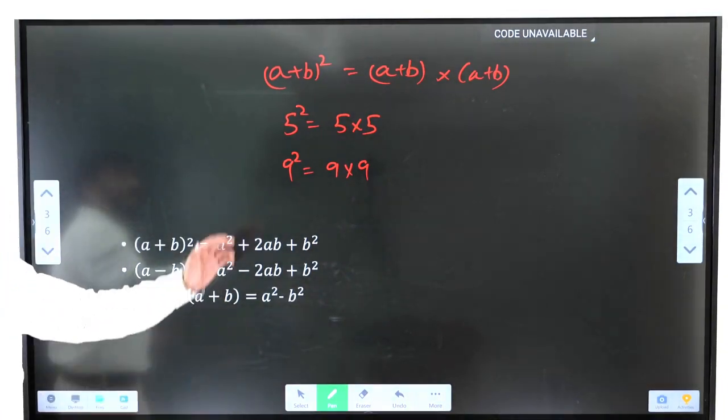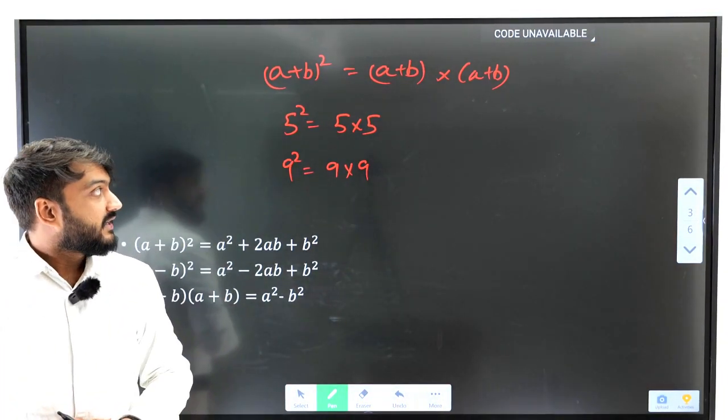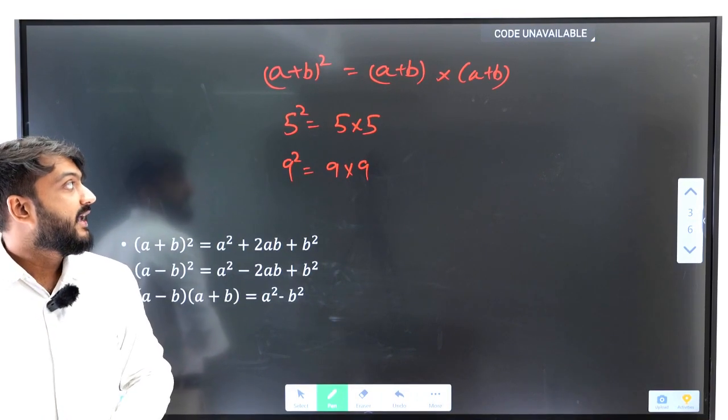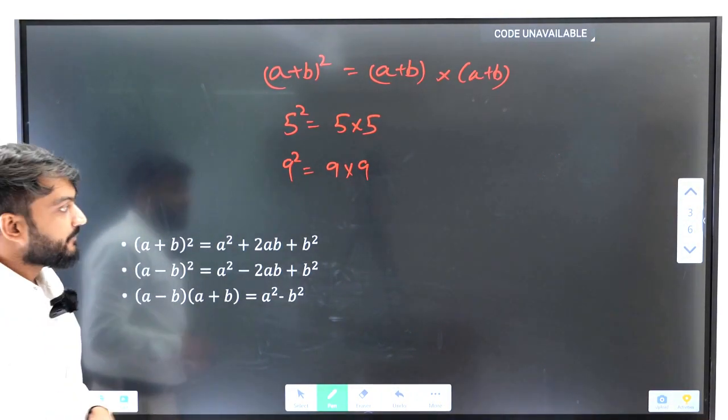The same way, (a plus b) the whole square is nothing but a plus b multiplied by itself, or (a plus b) into (a plus b).